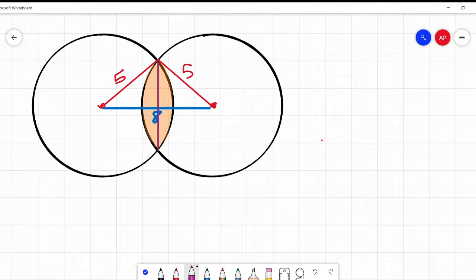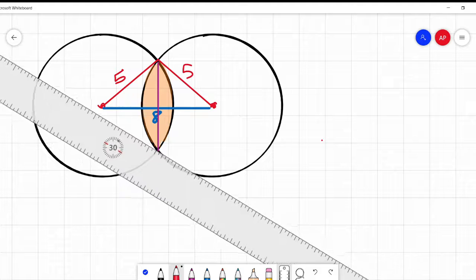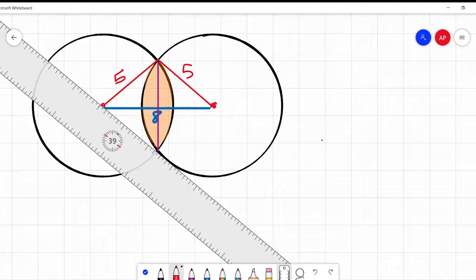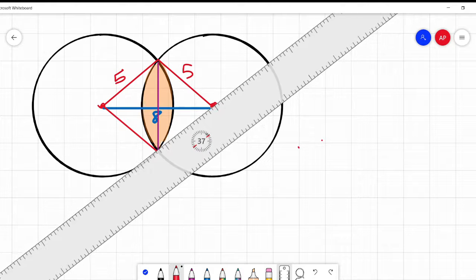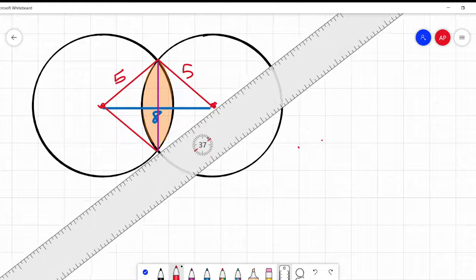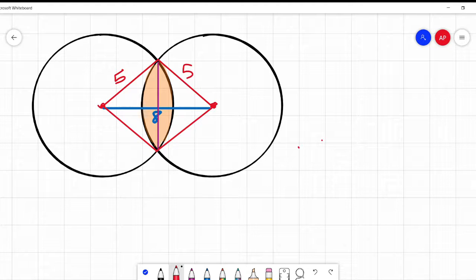I'm also going to draw two more radii down here. We're going to turn the ink to shape feature off because it's going to mess with things. Okay, so here's what I have created. I'm going to separate them to make it a little easier to see.